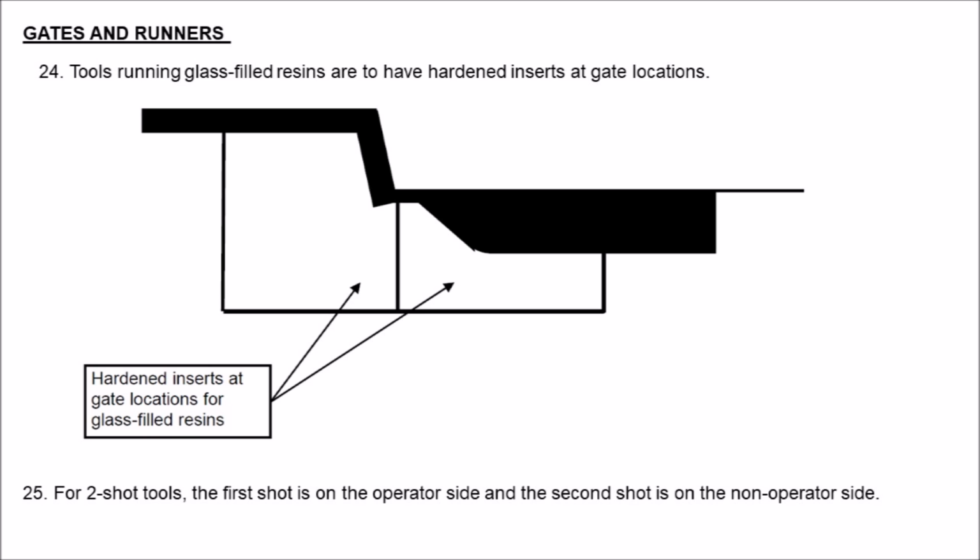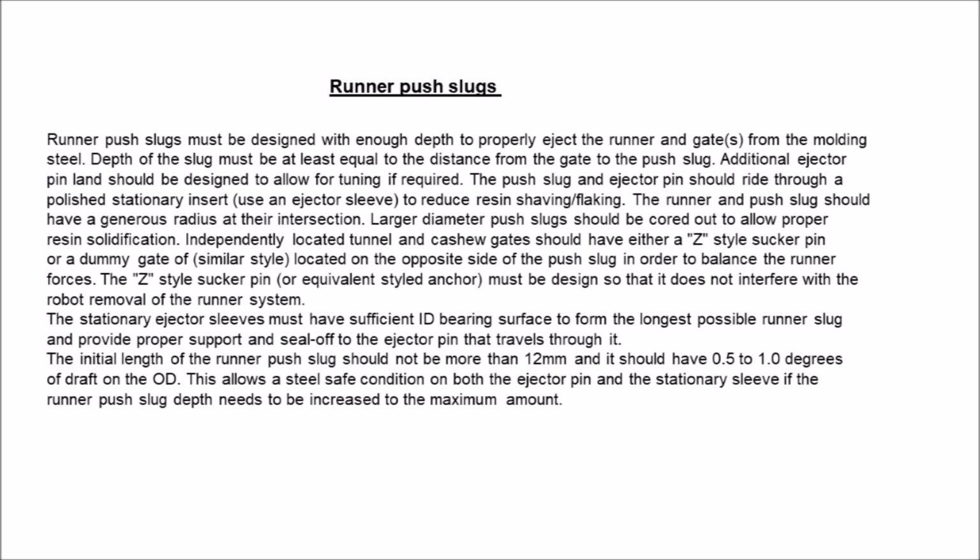25. For two-shot tools, the first shot is on the operator side and the second shot is on the non-operator side. Runner push slugs must be designed with enough depth to properly eject the runner and gates from the molding steel. Depth of the slug must be at least equal to the distance from the gate to the push slug. Additional ejector pin land should be designed to allow for tuning if required.